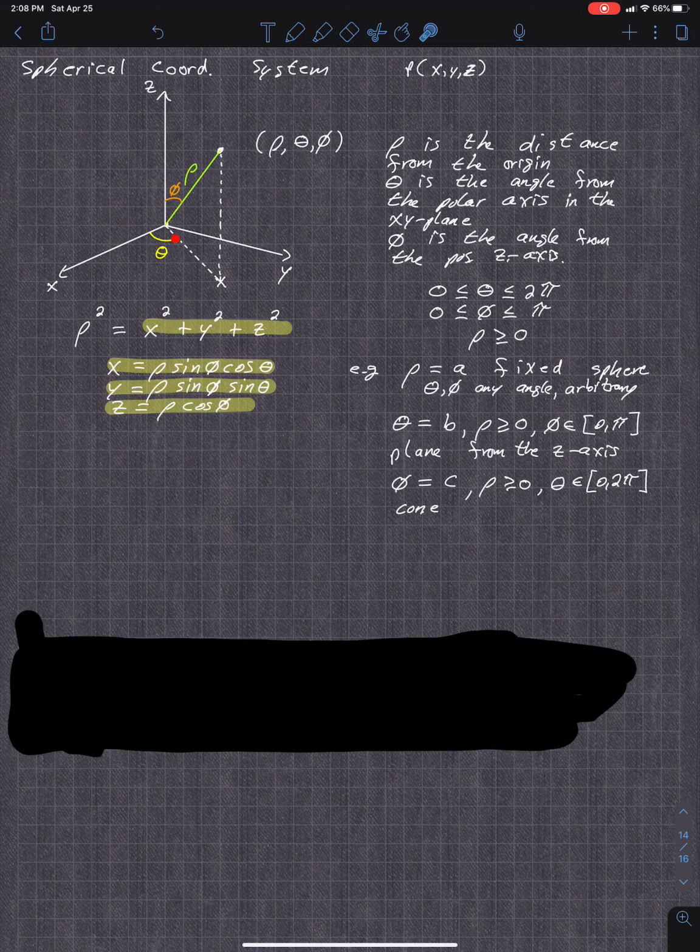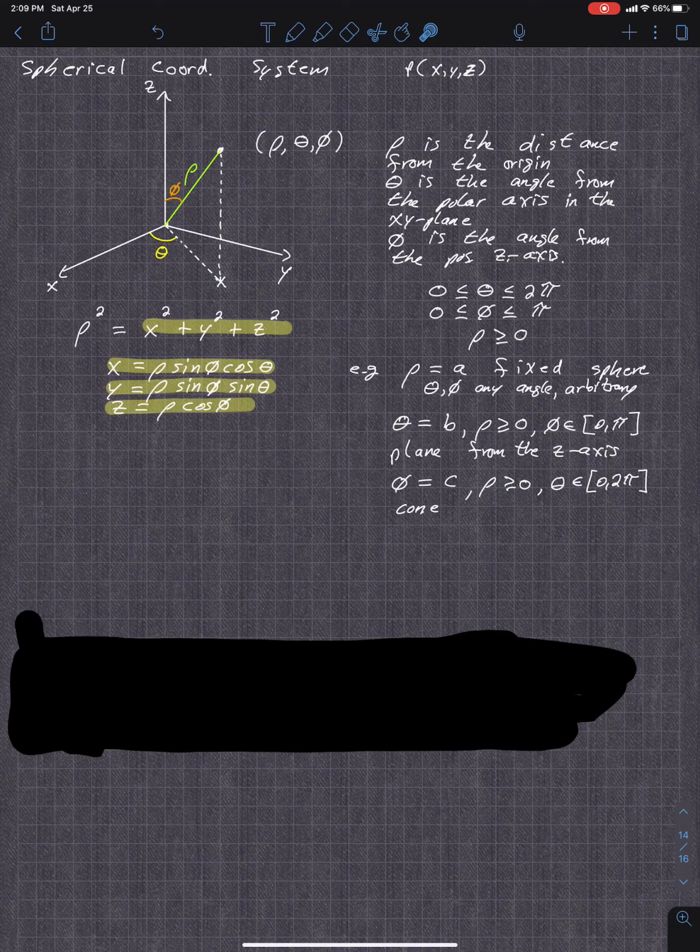You just move this angle around to over here. So theta is the angle from the polar axis in the xy plane, just like polar coordinates. And phi is usually the more difficult one to visualize. Phi is the angle from the positive z-axis to wherever the point is.